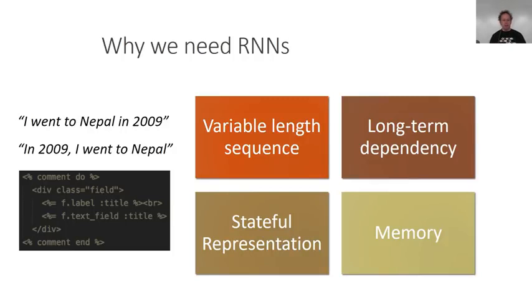So the basic idea of RNNs is that the main thing is you want to keep track of state over long-term dependencies. For example, if you're trying to model something like this kind of template language, then at the end of your comment do, you need a comment end, right?